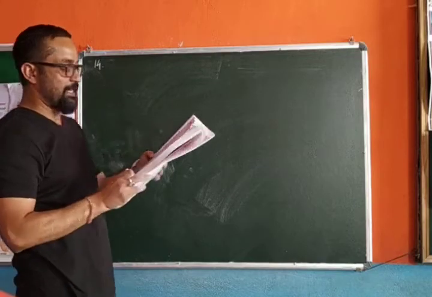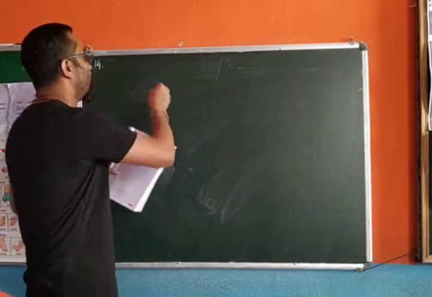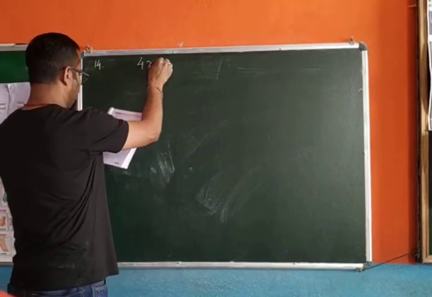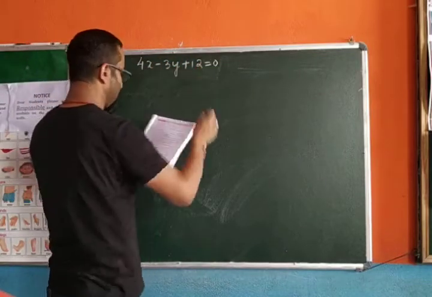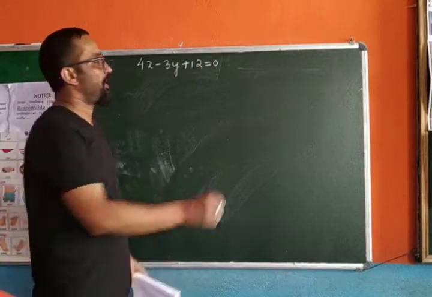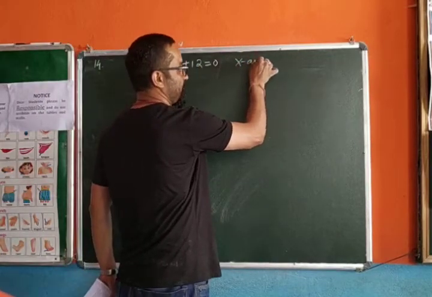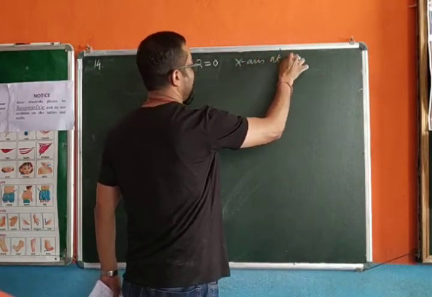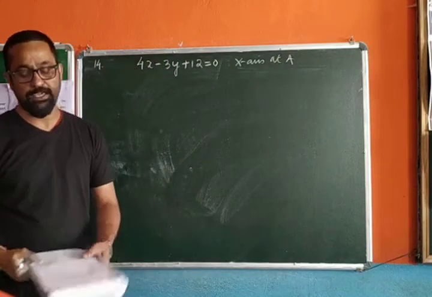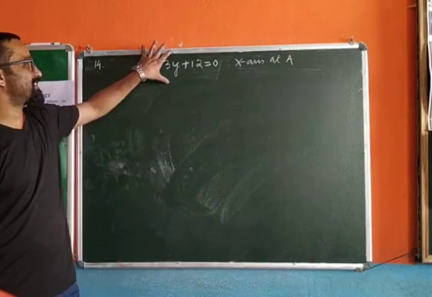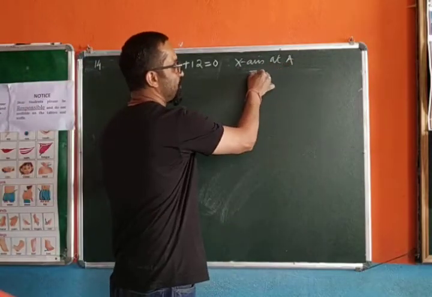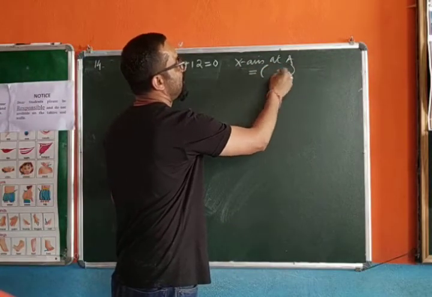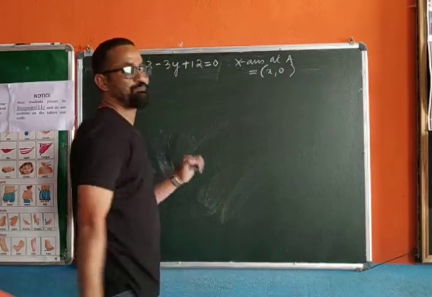Question says that the line 4x minus 3y plus 12 equal to 0 meets the x-axis at A. Find the coordinate of A. So since this line is meeting the x-axis at A, the coordinate of intersection will be x, 0.